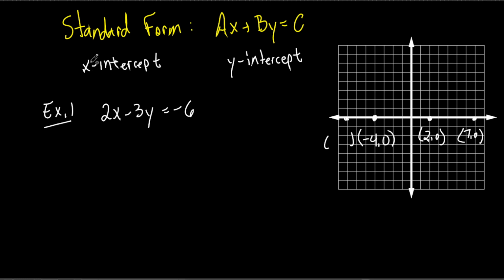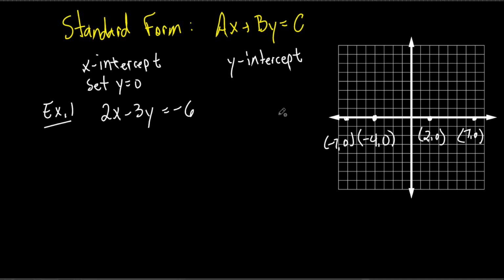So in order to find the x-intercept, we're going to set y equal to 0. Does that make sense? Because every time it crosses the x-axis, the y is 0. So if I want to find out where the x-intercept is, I'm going to set y equal to 0, because every single one of these, whatever this one was, probably negative 7, 0, the y was equal to 0, and that would be the x-intercept.